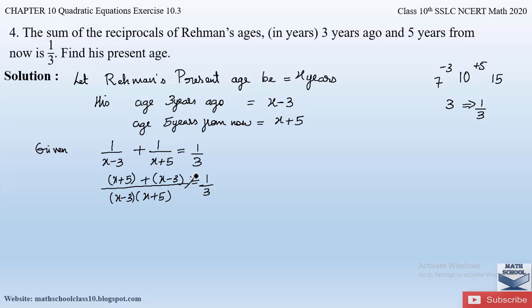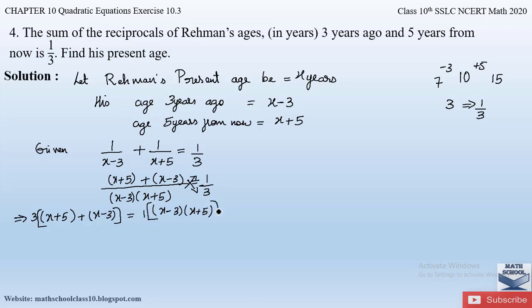Now let us cross multiply these terms. So we will get 3 into x plus 5 plus x minus 3, the whole bracket, is equal to 1 into x minus 3 into x plus 5.